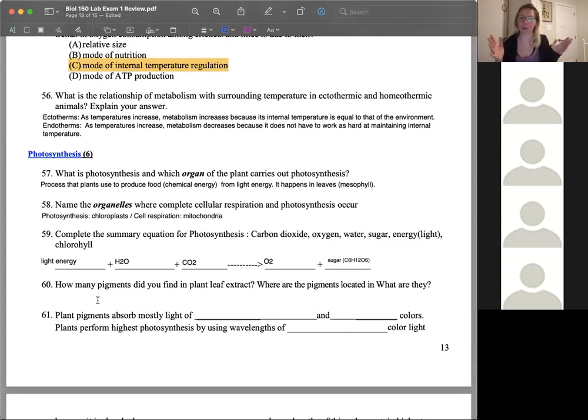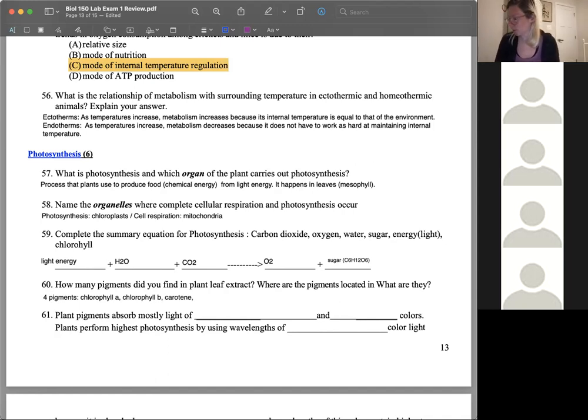All right, so the leaf extract, when you did that experiment of separating the pigments, how many pigments did you find? Four. Yeah, and can you name those four pigments? Chlorophyll A and B. Chlorophyll A, chlorophyll B. Carotene.